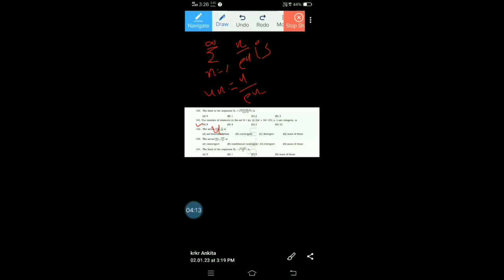So we use un upon un plus 1, which is e raised to n plus 1 into n, upon n plus 1 into e raised to n. So e raised to n cancels out, and we get n upon n plus 1 into e.